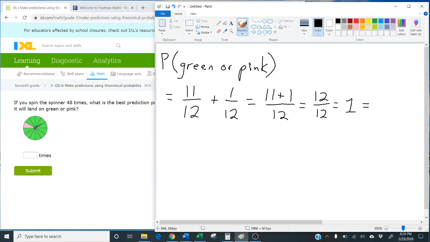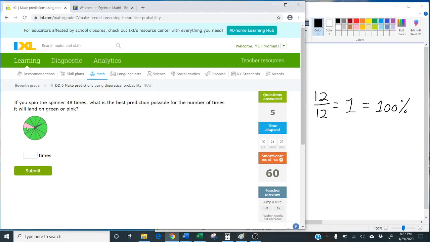As a percent, that would be 100%. So I have 100% chance of landing on green or pink, which of course makes sense because all of the colors are either green or pink.